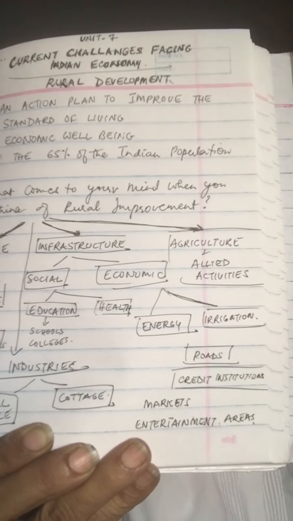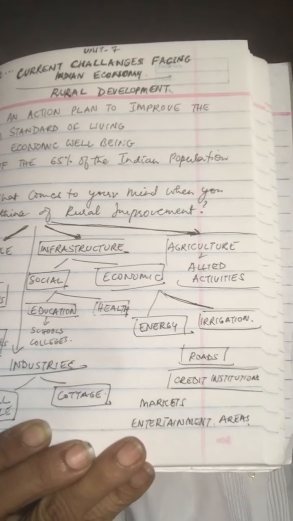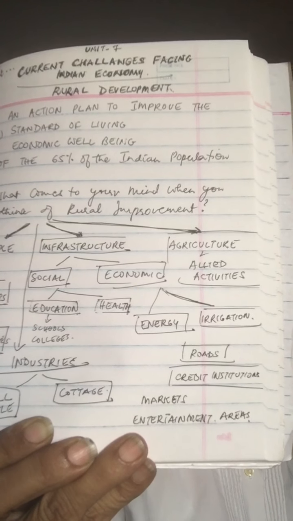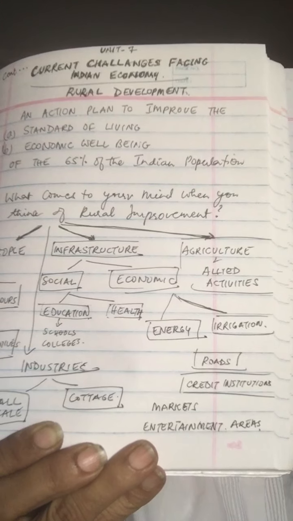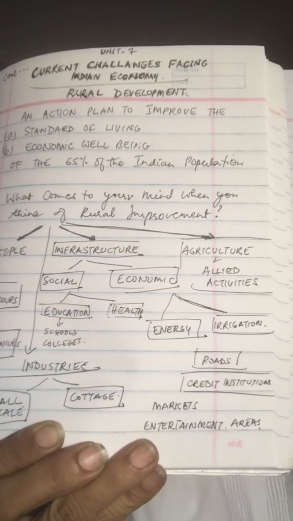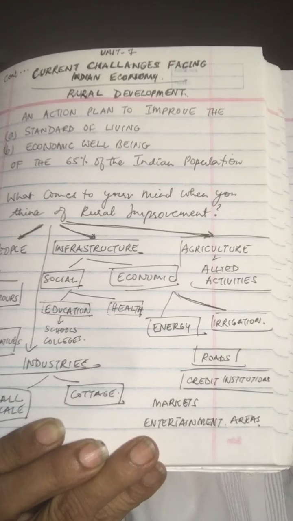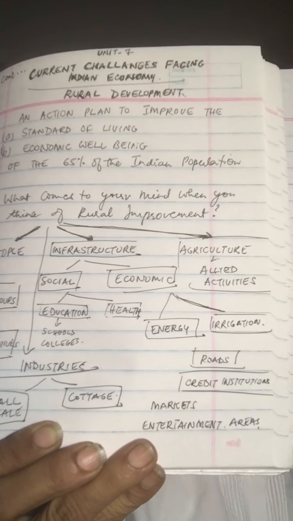Then you will also do a little bit on land reforms, like introduction and implementation of land reform measures, that is abolition of intermediaries, providing land to tillers, widening the land base of farmers, because there's so much fragmentation and subdivision.